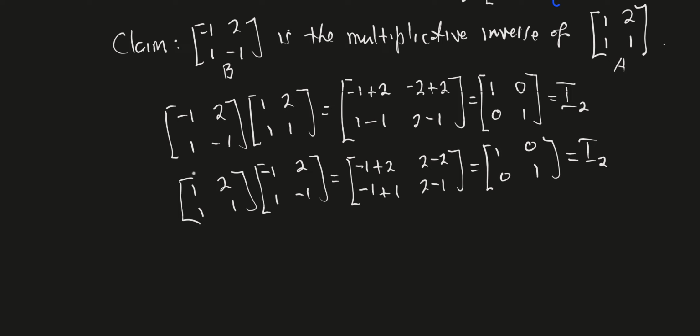Let's now write down the formal definition for the inverse of any n by n matrix. So, given an n by n matrix A, if there exists, right?